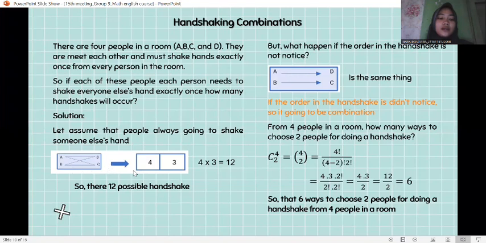So we have A, B, C, and D. Box one has 4 choices: A, B, C, or D. In box 2, we have 4 minus 1 equals 3. So 4 times 3 equals 12. So there are 12 possible handshakes.